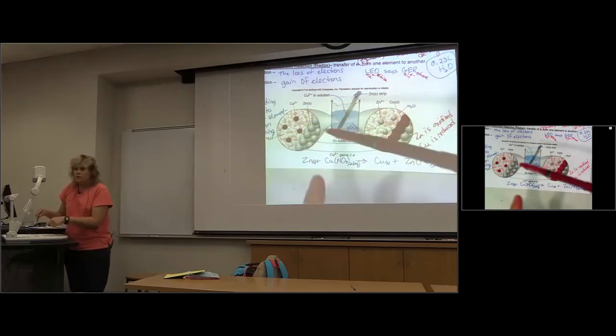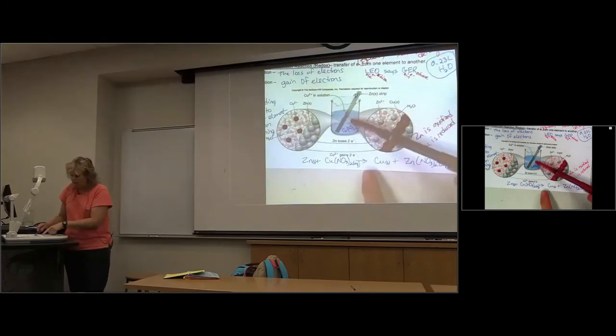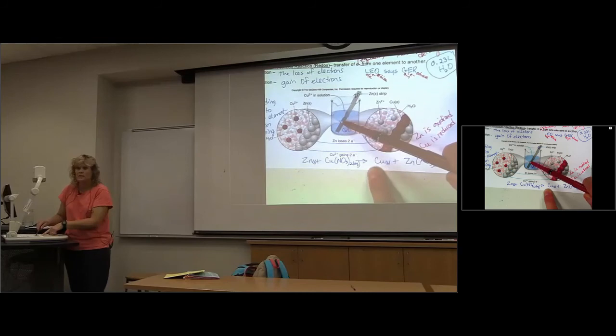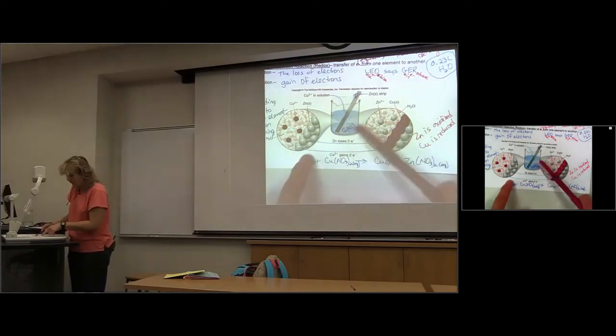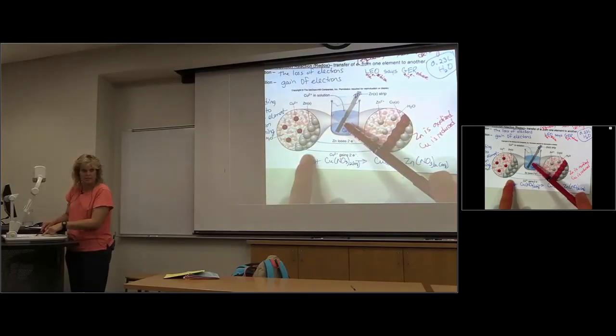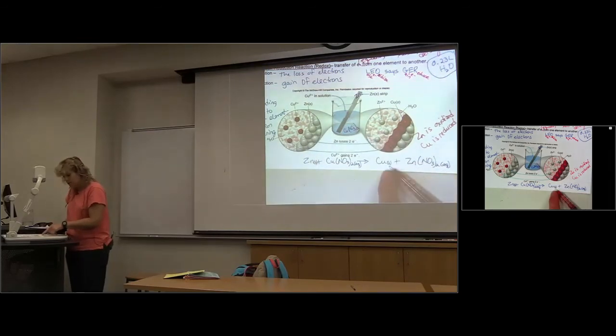If we were to do this real experiment, guess what you would see on the surface of this zinc strip in the solution? Not white, you'd actually see the copper. In other words, the copper metal is plated onto this strip from this reaction. So the copper comes out of this solution and lands on that zinc strip. Because copper is reduced, zinc is oxidized.